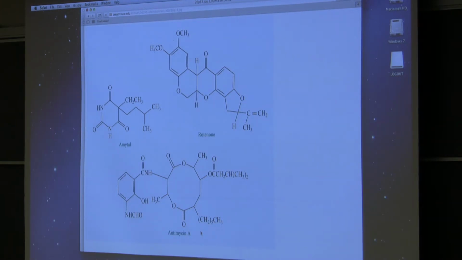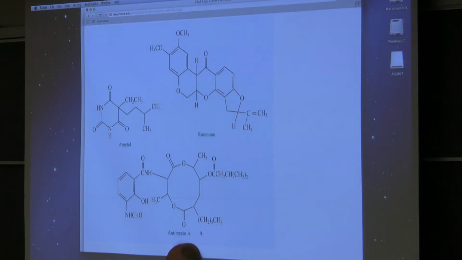If I block movement of electrons through complex 3, then I block movement through complex 1, and I block movement through complex 2, because I've put a dam in place down here and nothing is going to get past complex 3, so everything backs up. Antimycin A will be fairly poisonous. There are actually a couple of ways to get around it, but it's not something you would want to have.